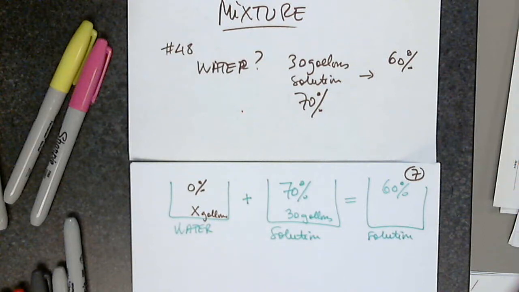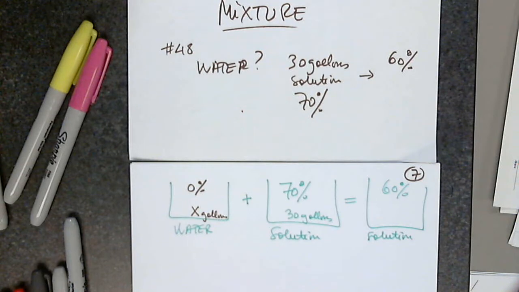What does that mean? From the 30 gallons, 70% are pure antifreeze, and 30% are water. Remember, 70% means nothing, so I have to say out of the 30 gallons, 0.7 times 30 is 21. 21 gallons are pure antifreeze, and 9 of them are water, and they're mixed. Are you with me?